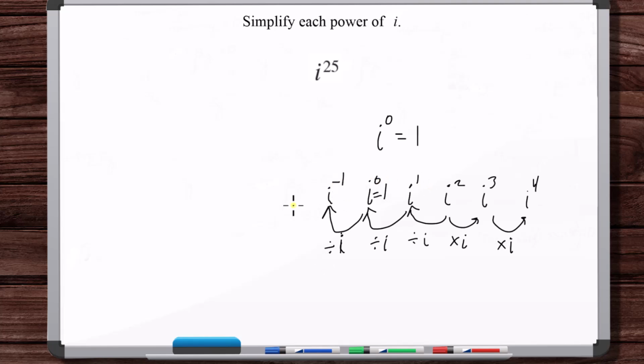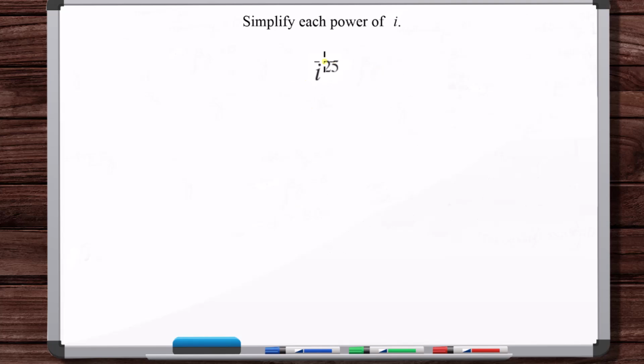So the way you do this is you want to separate the power into the largest multiple of 4 that's there, with some remainder between 1 and 3.